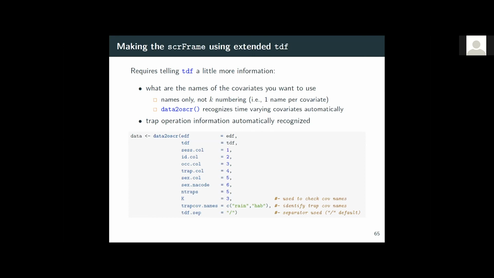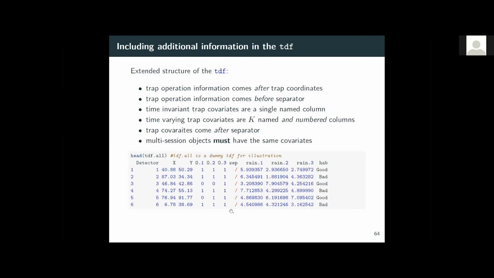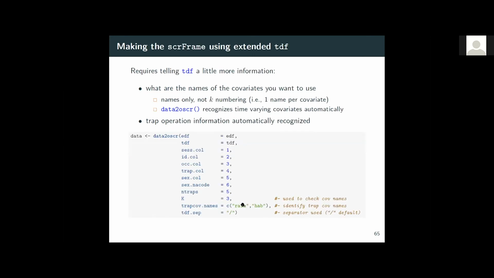And then the second thing, if we use a different separator, so say for example I used S or some other character here, I recommend just using this /. So the / is the default, but if you use something else, you can define what the separator column has in it.